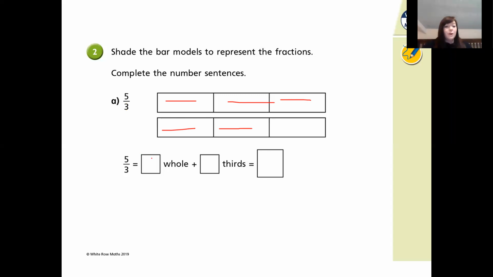So you have 1 that is completely coloured in. And then how many thirds do you have left over? You have 2/3 left over, which is 1 and 2/3.